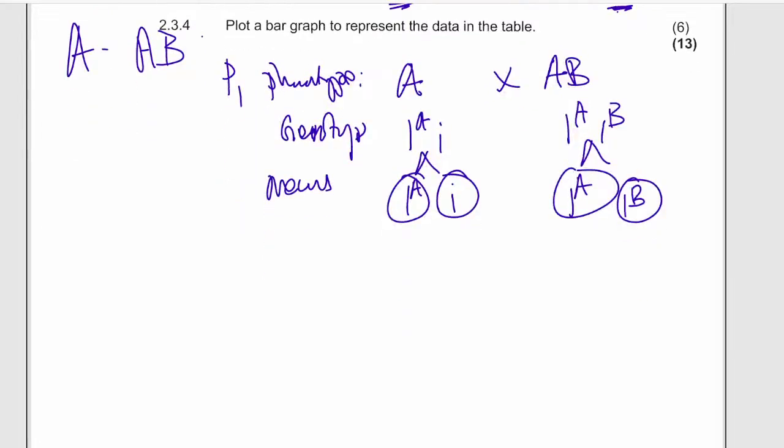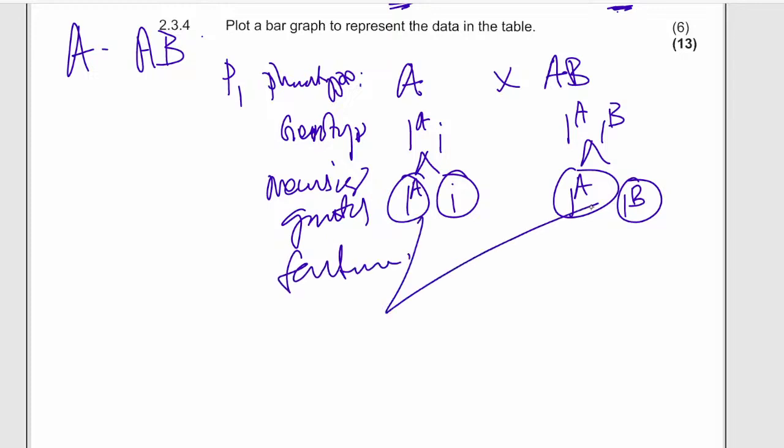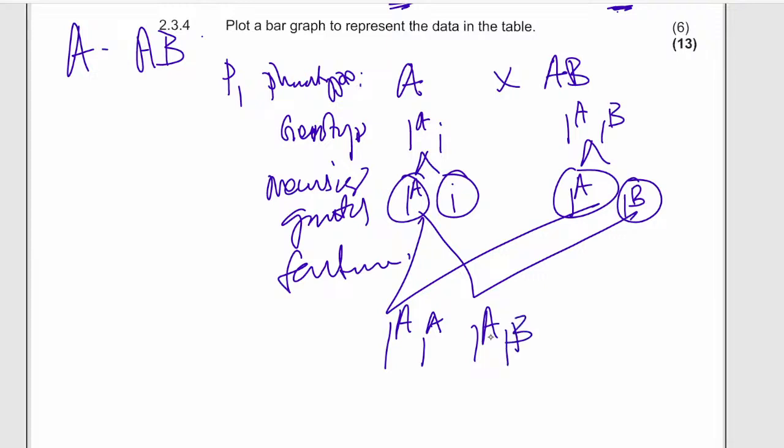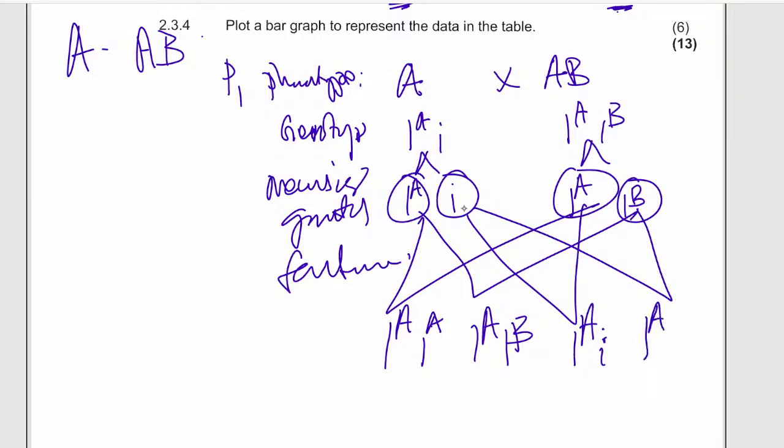And then after that you say meiosis, you say these are gametes, then you show the fertilization: this with this you get A, then this with this you get AB, then this with this you get A, and this with this you get B. This is the offspring, the F1 generation.